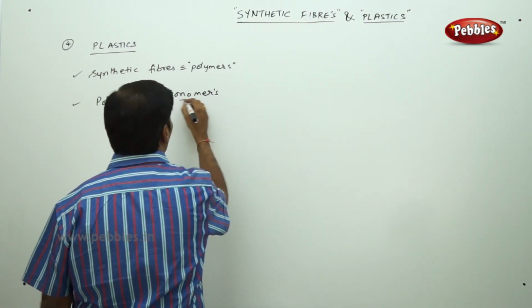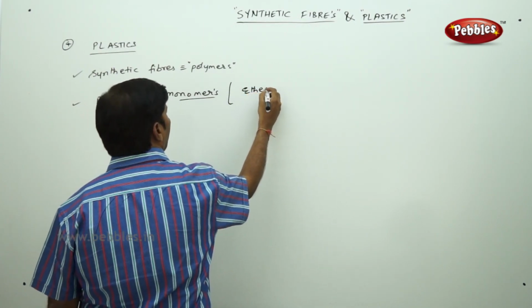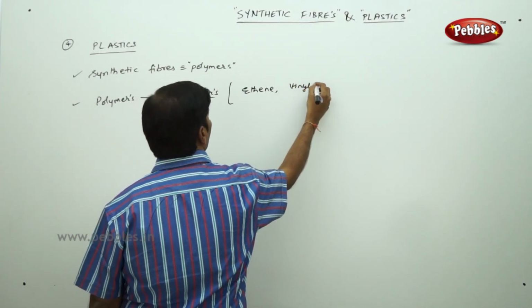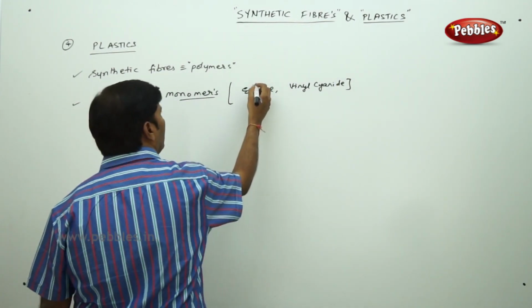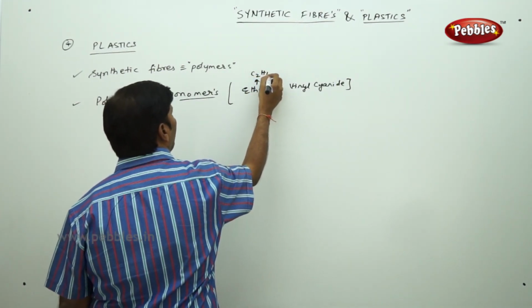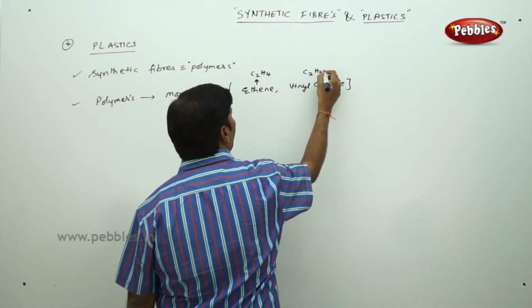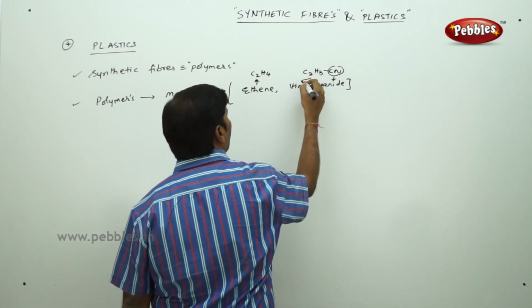Suppose we take for example monomers, here I can take ethene and vinyl cyanide. These are the two monomers. Ethene has molecular formula C2H4, vinyl cyanide is C2H3CN, where CN is the cyanide and C2H3 is the vinyl group.